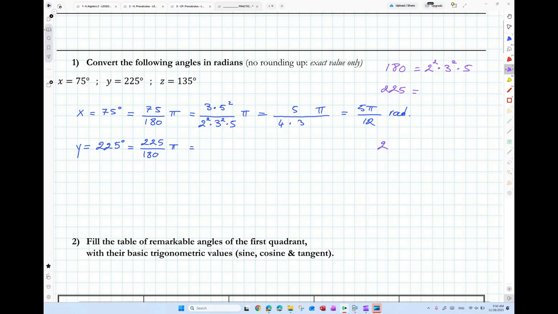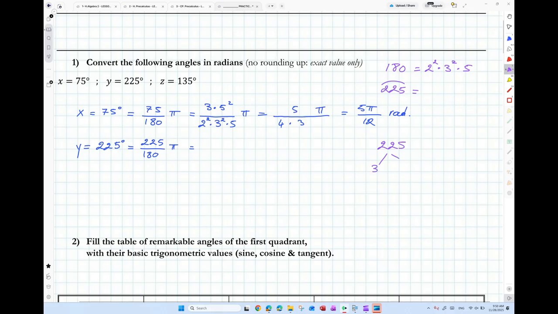So 225 cannot be divided by 2, but it can be divided by 3, because 2 plus 2 plus 5 is 9.